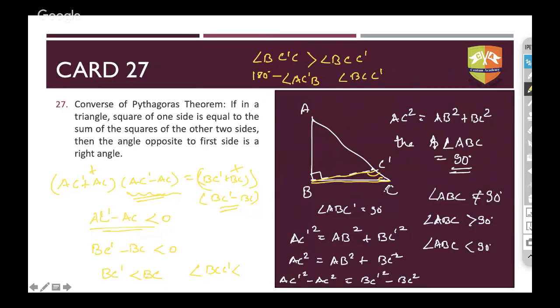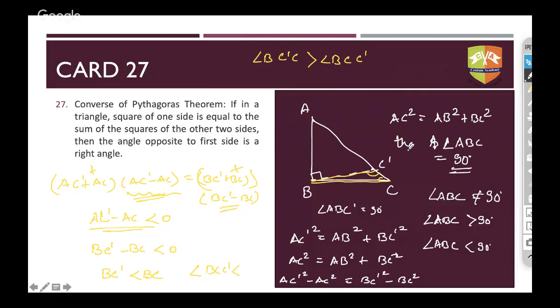So BC dash C is greater than... I need some space here. Wait a minute. So eventually, what will have to be proven? That clearly this angle is more than that. So basically BC dash C is greater than angle BCC dash.